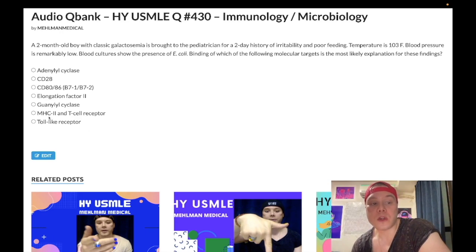However, you need to know that MHC2 and T cell receptor, this is the combination for superantigens, such as TSST toxin in toxic shock, secreted by Staph aureus. It's an exotoxin, a superantigen, and it will bridge MHC2 and T cell receptor, as well as Strep pyogenes exotoxin A. It causes toxic shock-like syndrome and will also bridge MHC2 and T cell receptor.